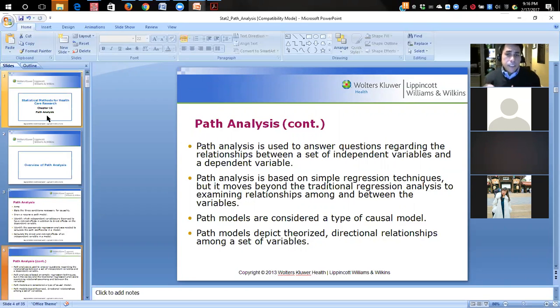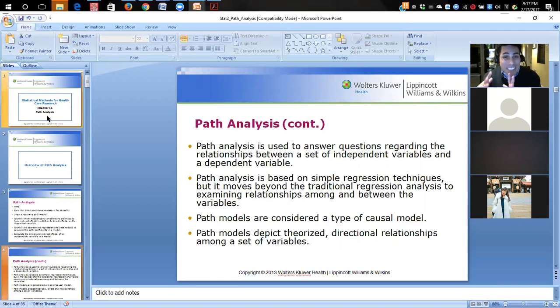There's a subtle difference when you do path analysis, because it goes beyond this traditional regression analysis where it calculates slope and intercept, and then it fits into the model where your dependent variable and your independent variables are all adjustments of the slopes and the intercept of your independent variables, which could be 2 or 3.